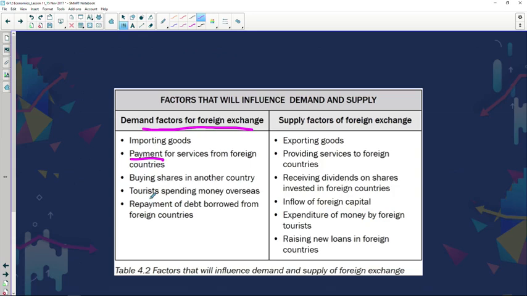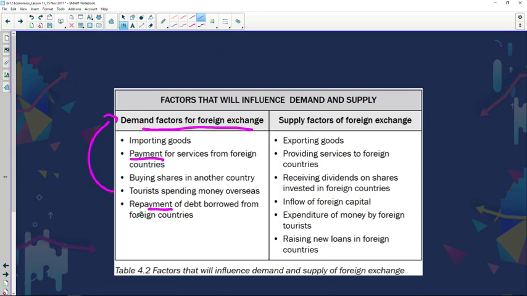Tourists spending money overseas: if you are a South African citizen and you decide to go to the United States for a holiday, obviously you're going to need dollars over there in order to spend and buy gifts for family and friends. So you have to exchange the rand to the dollar in order to facilitate the payment of the gifts and products that you will be purchasing from the United States. So this will cause a demand for foreign exchange.